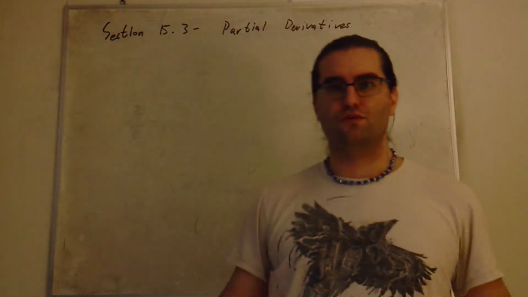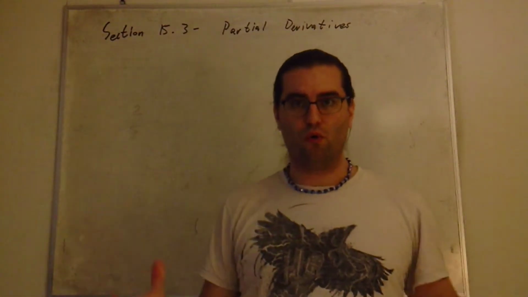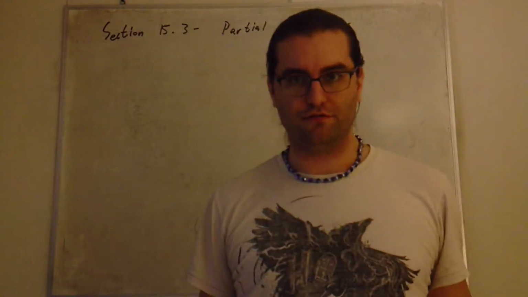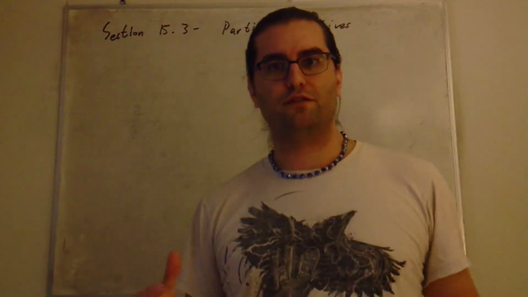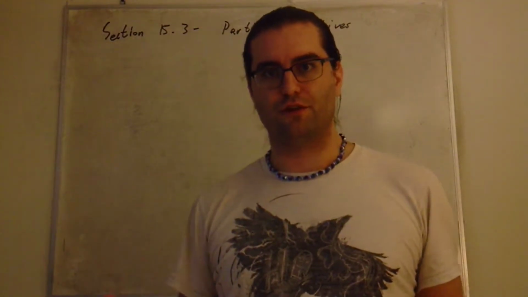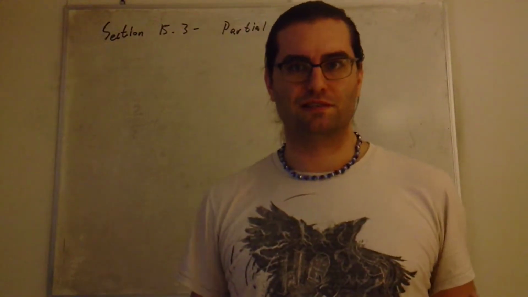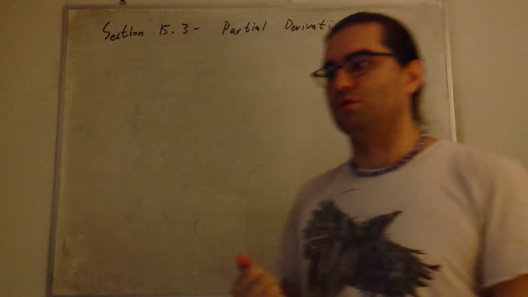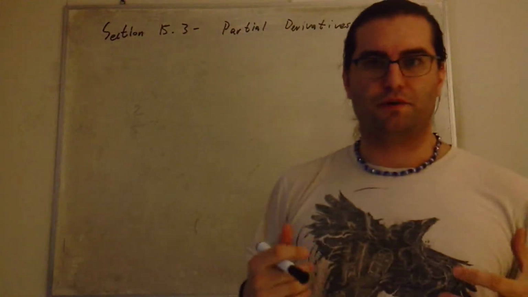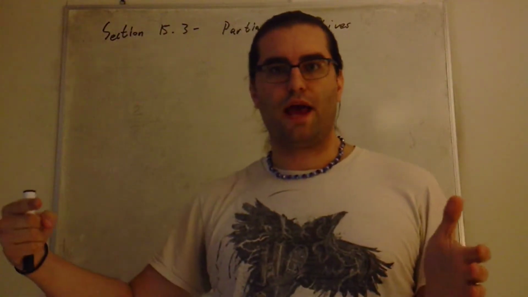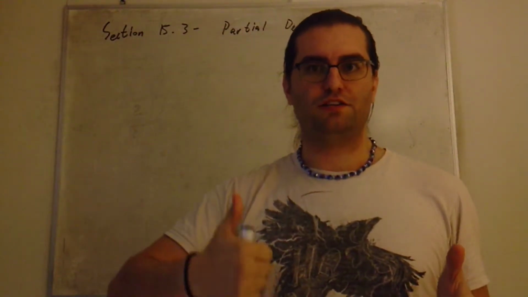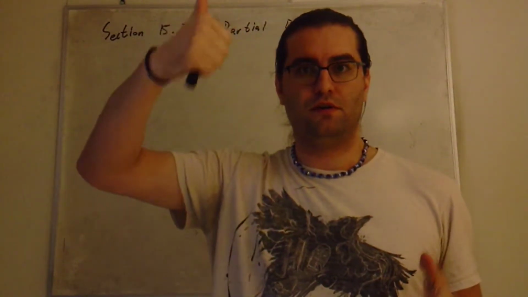So there is no whole singular entire derivative. We can only ever do derivatives for 3-dimensional functions in pieces, which is why they're called partial derivatives. So the pieces we're going to break this up into are what happens as x changes, what happens as y changes, and that's about it.